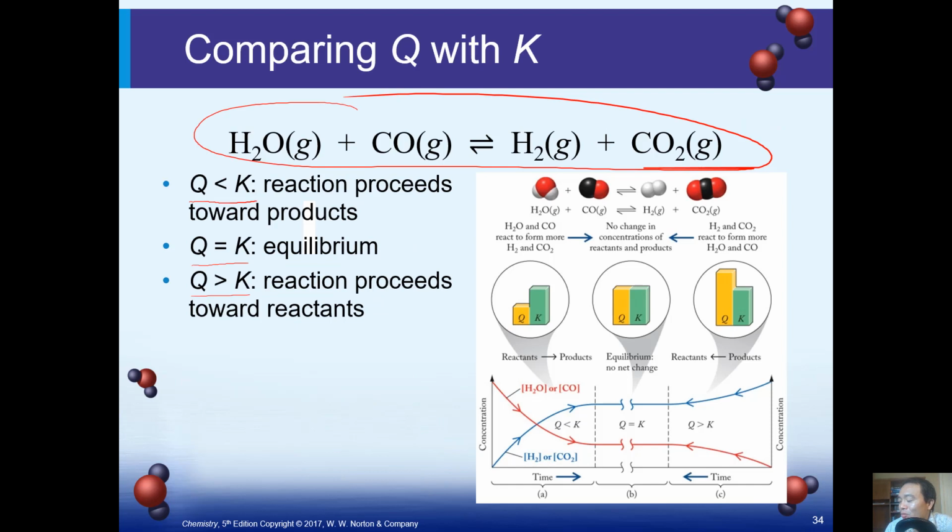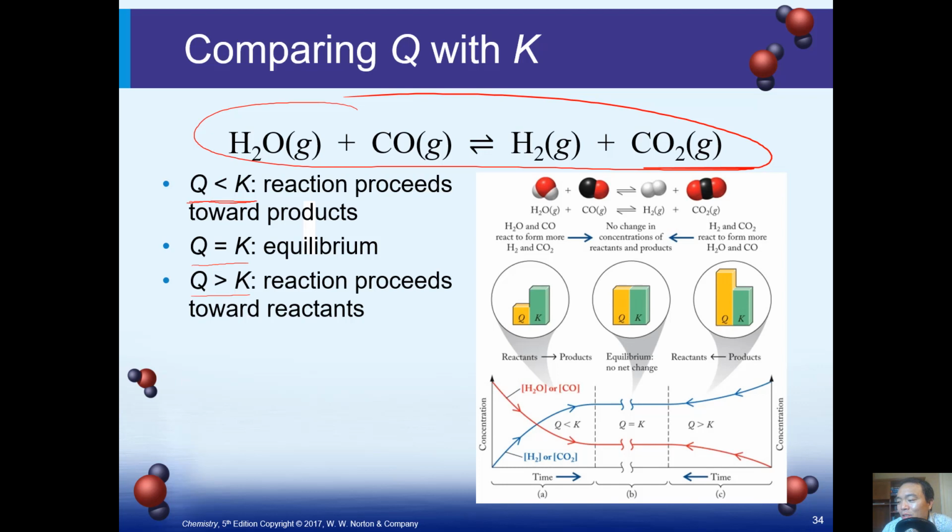So if Q is smaller than K, do remember one thing before we continue. I'm going to remind you: first, all reactions will shift to the reaction that will reach equilibrium. They will shift to establish equilibrium.